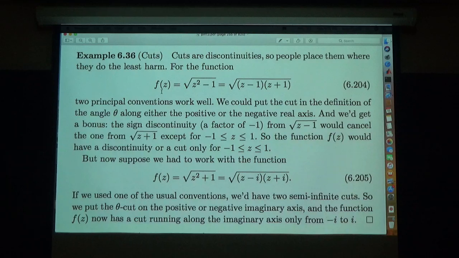No matter where you put the cut, whether on the positive or negative real axis, you get two minus signs which cancel when you're outside of the interval from -1 to 1.